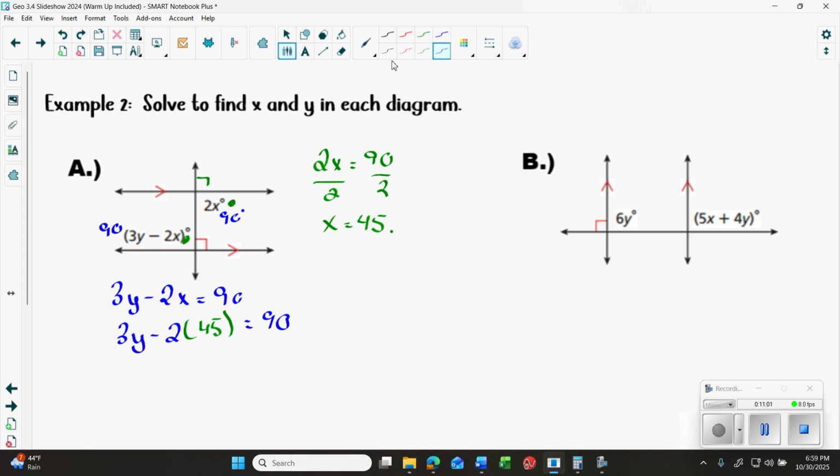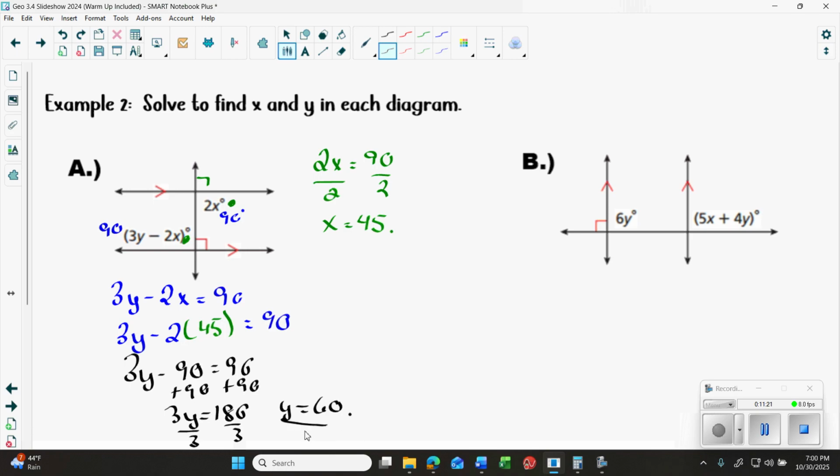We got 3y minus 2 times 45, which is 90, equals 90. Add 90 to both sides. I have 3y equals 180. Divide both sides by 3. We get y equals 60. So y is 60, x is 45.